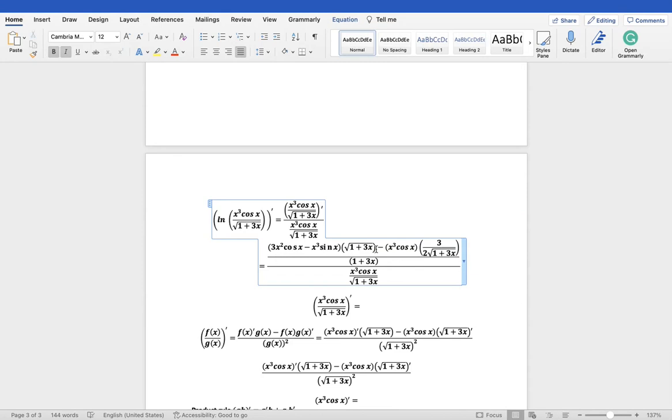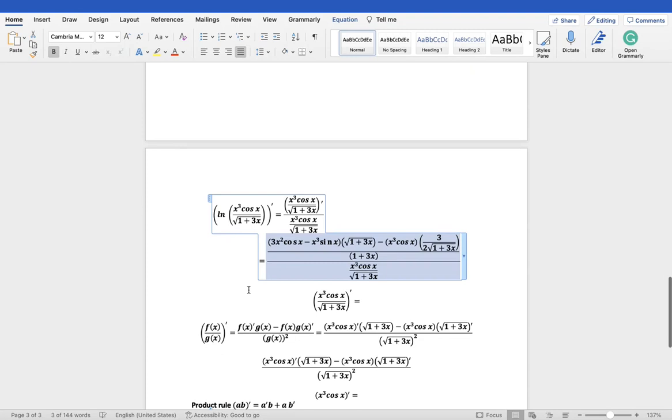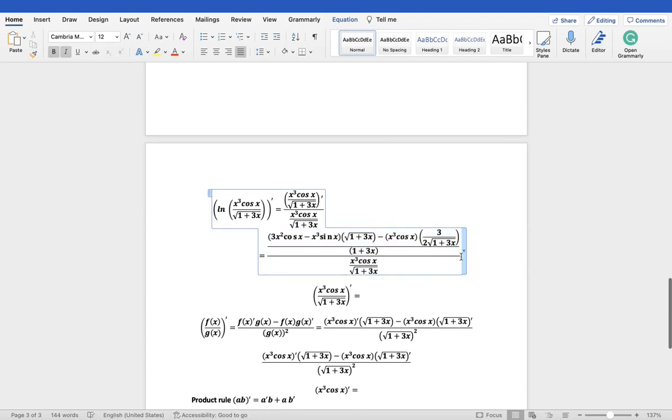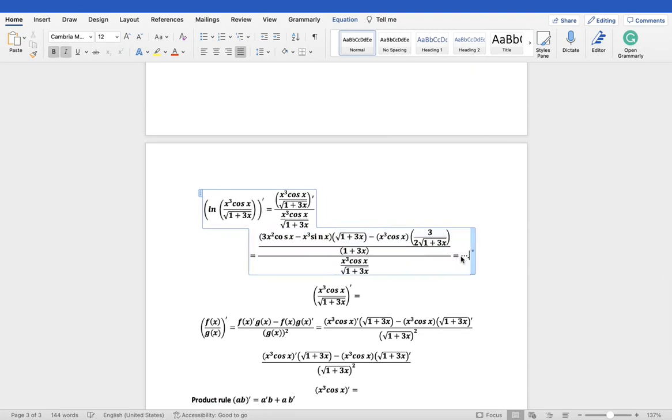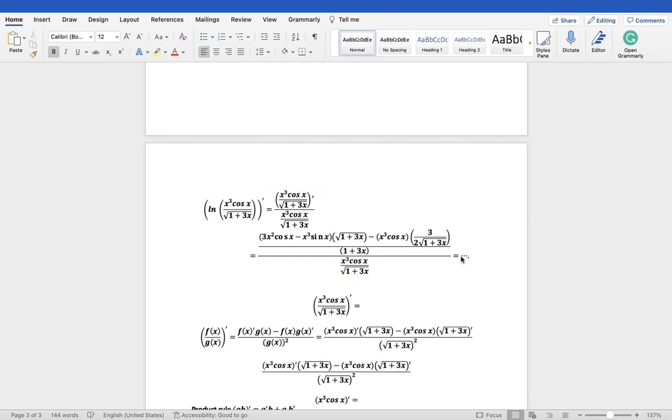So you can simplify now, put to the same denominator in the numerator, and then try to simplify the square root of 1 plus 3x, divide. You can simplify this fraction here, okay, as exercise. So there's more that can be done here to make it look a little bit neater, because it's a bit messy right now.